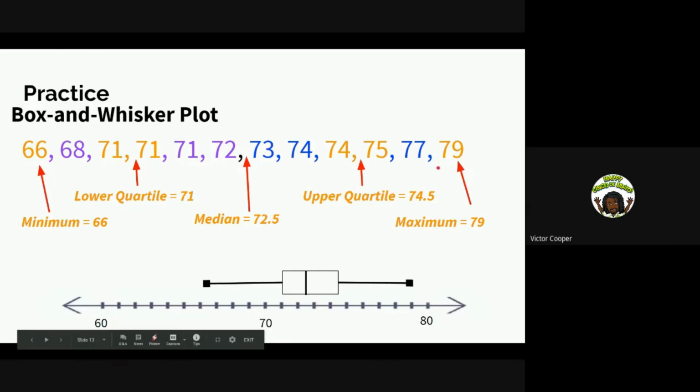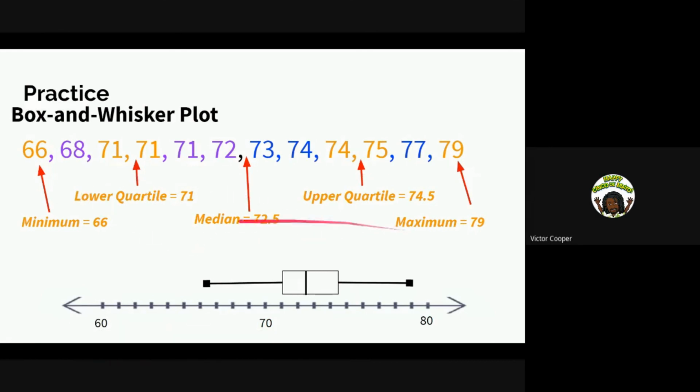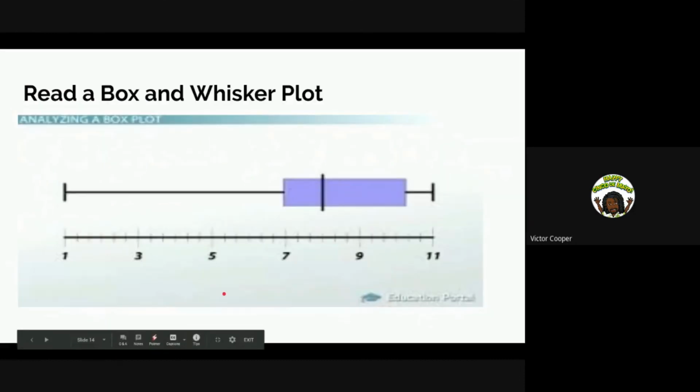Next, I want you guys to look at the box and whisker plot and tell me what these values are. Okay. All right, so remember, minimum, lower quartile, median, upper quartile, maximum. Okay, here we go. You guys, someone tell me what is the median on this bad boy?